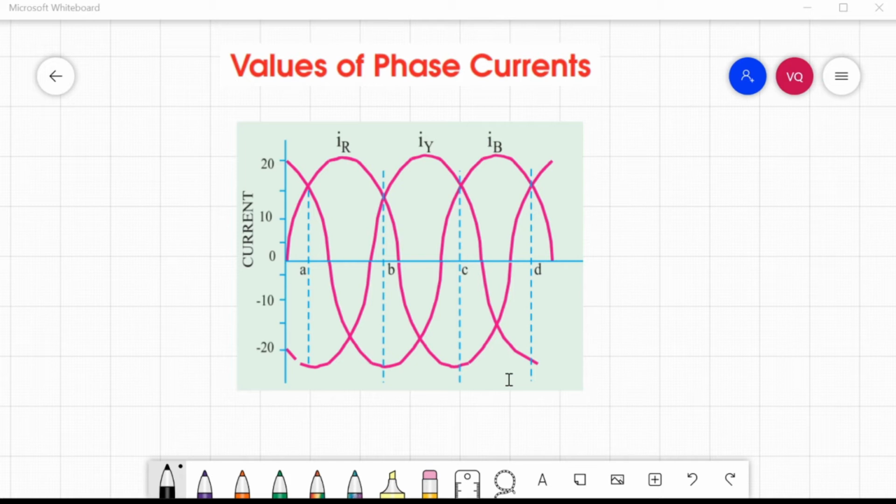So in the figure, there are three phase currents having the same peak value of 20 amperes but displaced from each other by 120 degrees.